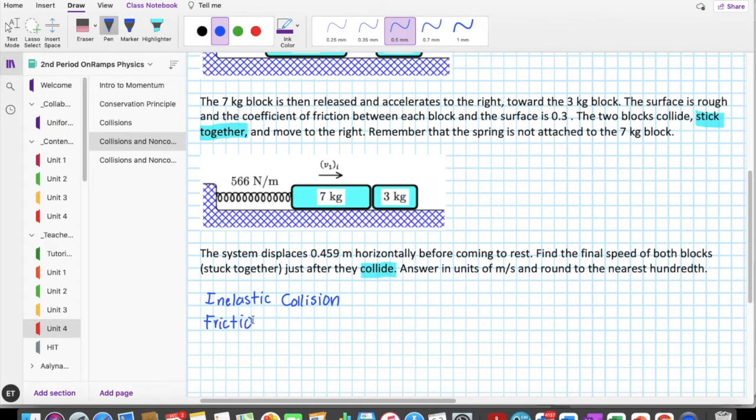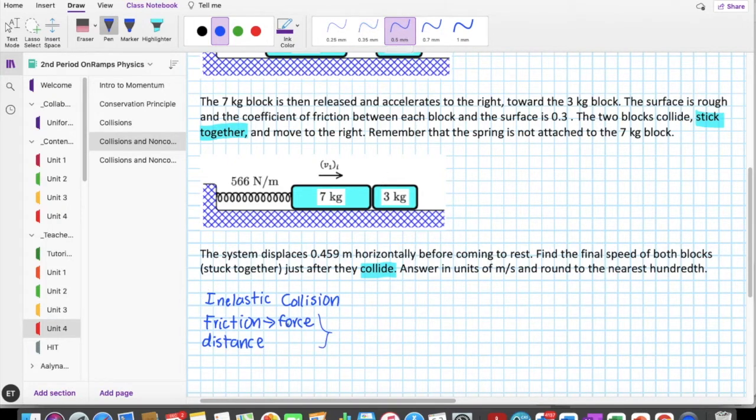And then we were told that we have a displacement across a distance. Hopefully you guys know where I'm going with this. We know that friction is a force, right? The force of friction. We have a distance from these two.